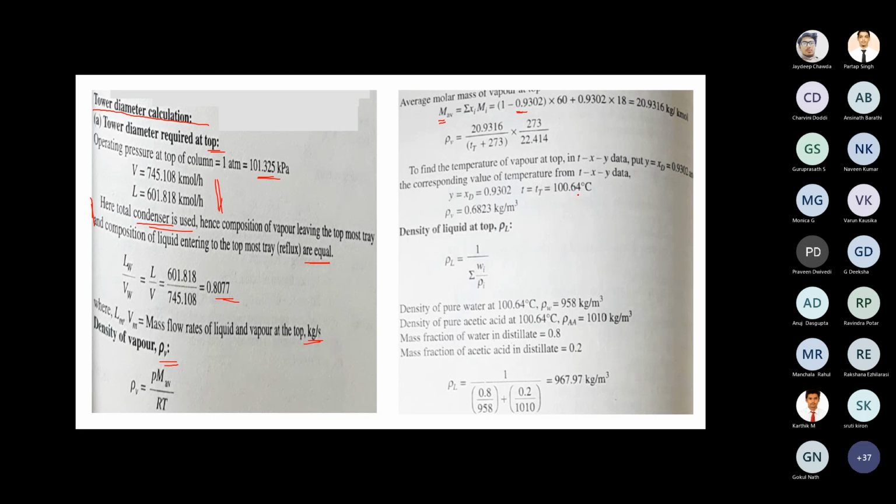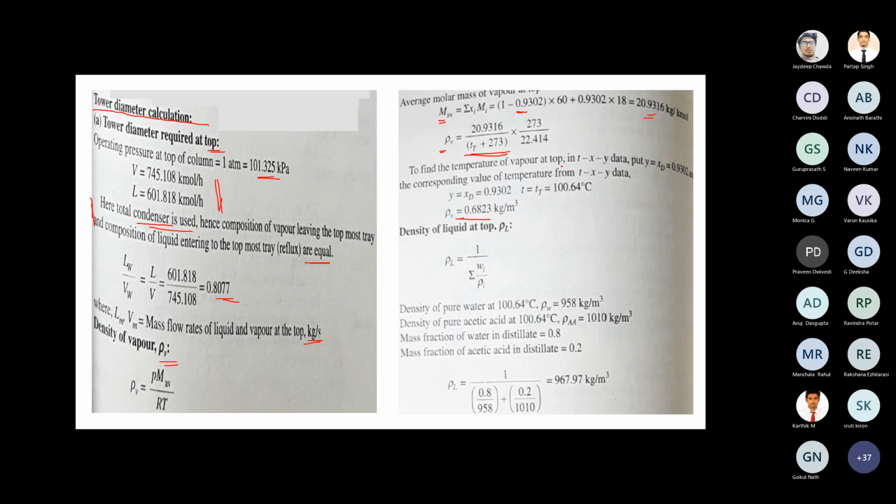P is 1 atmosphere. M average we have calculated as 20.9316. Then the R value you know, that is 273 by 22.414, so the atmospheric pressure will cancel. The T value you have to convert to Kelvin. Then you can find out rho V.